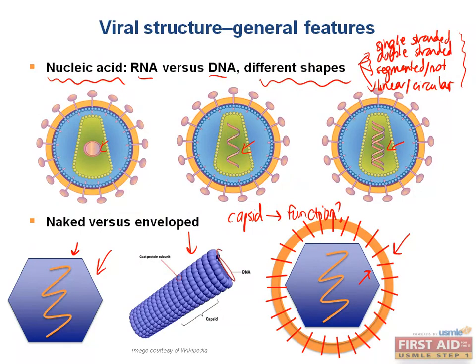Now, why is the envelope important? Well, the answer to that question is that part of the virus's infectivity is related to its envelope. An envelope can be inactivated by ether, which is a lipid solvent that causes the virus to lose its infectivity. In contrast, a naked virus is resistant to ether. As you can see here, the envelope is a lipoprotein bilayered membrane.